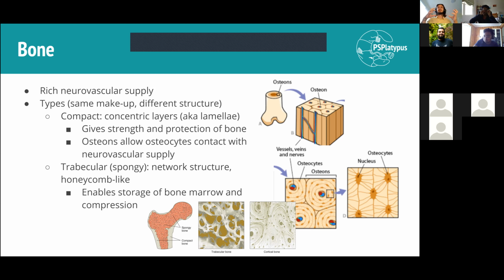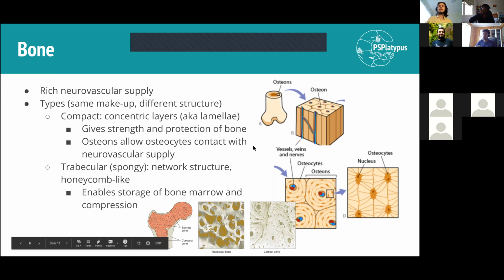It's more dense, and so it's got that strong protective function for the bones. Whereas trabecular bone has more of a compressible function, so it can be compressed a bit, and that is actually good for the bone. It also can store bone marrow within it.